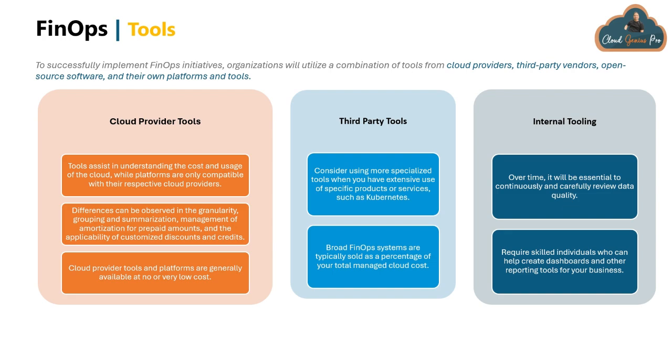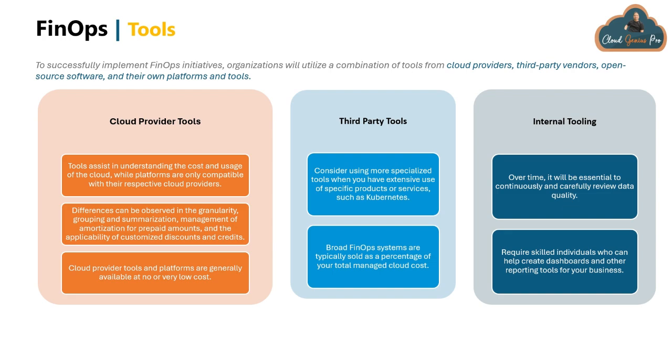So organizations can develop their own dashboards using these native services. There is a very thin line between cloud provider tools and internal tooling. In internal tooling, sometimes we see customers using cloud provider native services to develop their own tools, and sometimes purely independent ones like Power BI or Tableau dashboards.